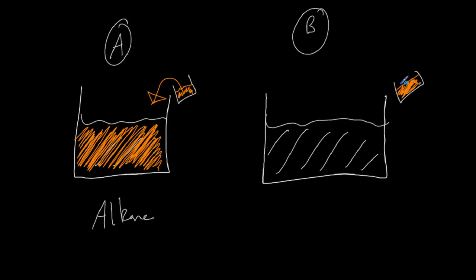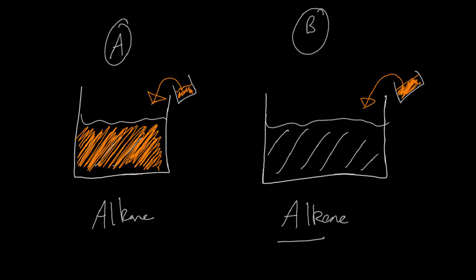If we carry out the exact same test with B, so we have our bromine water and we pour it into B, what happens here is that we get a colour change. So you pour the orange liquid in, which is the bromine water, and that bromine water then loses its colour, so completely clear and colourless. If that happens, then in the beaker, out of alkane or alkene, we have an alkene.